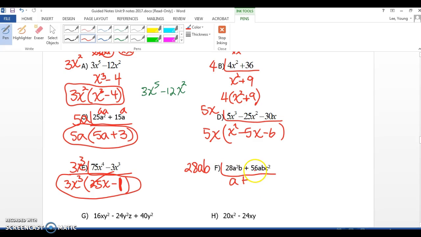Okay, plus 56 divided by 28 is 2. A divided by a is nothing. B divided by b is nothing. And then c squared. Now, do you see why it was so important for you to understand the law of exponents? Because we're going to be using it throughout this unit and next unit.